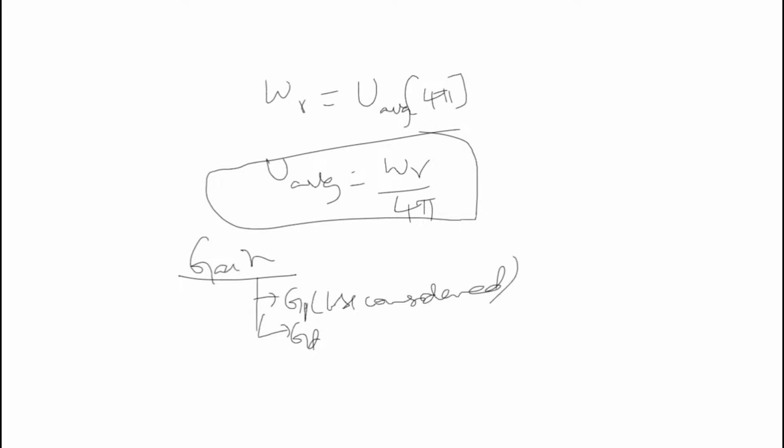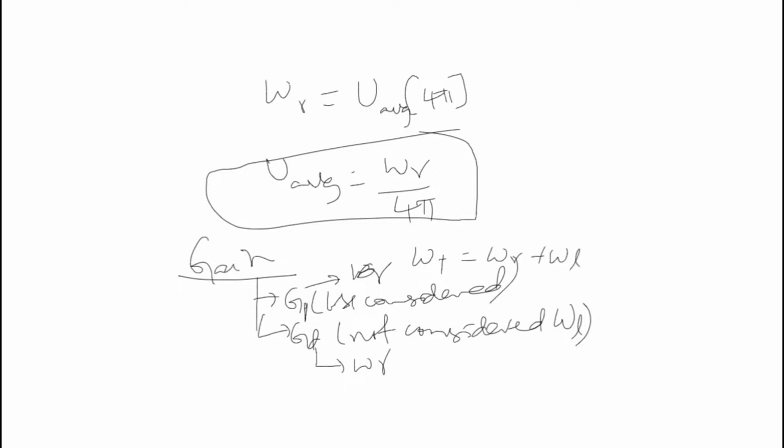Here, for directive gain, loss power WL is not considered; we consider only radiated power. For power gain, we consider total power, that is WR plus WL, in the definition.